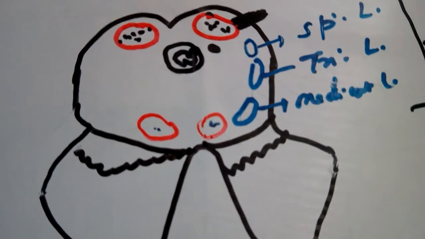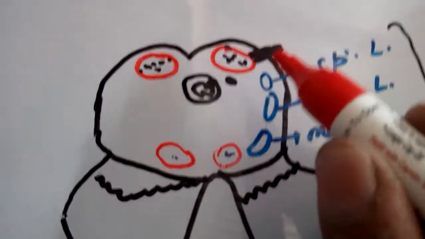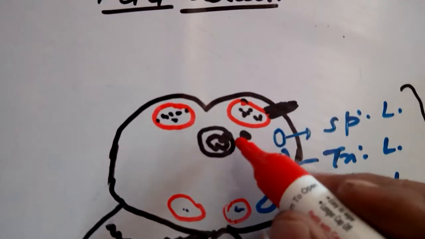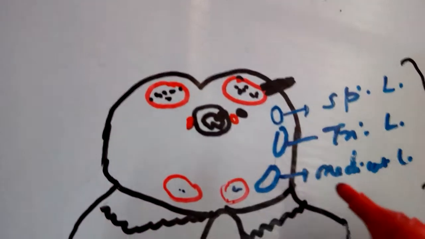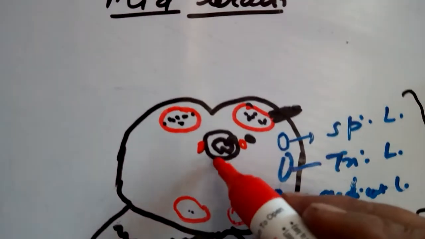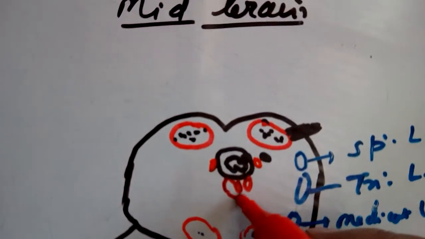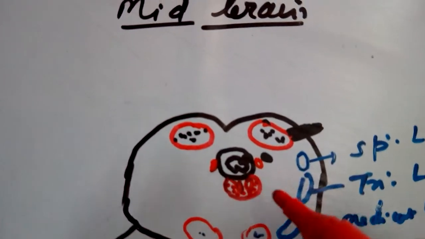Now let me show one more thing here. The mesencephalic nucleus of trigeminal is the same as it was at the level of inferior colliculi, and here we can see two more nuclei covered by the medial longitudinal fasciculus.